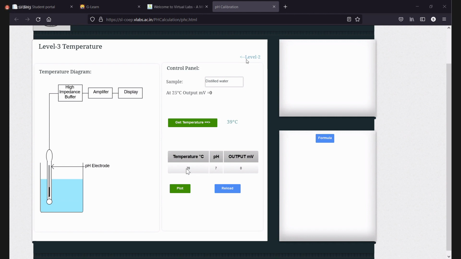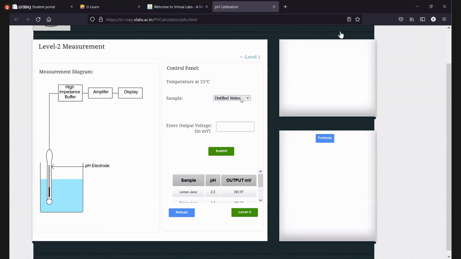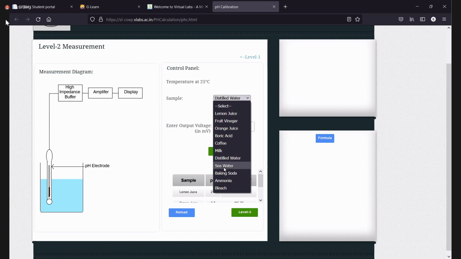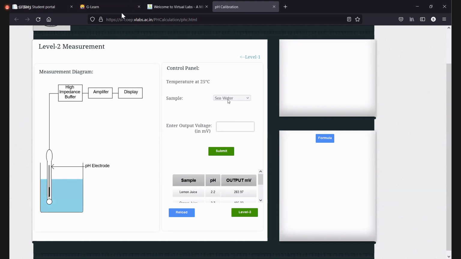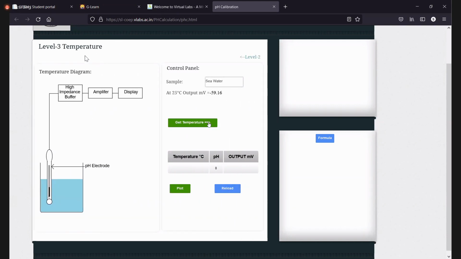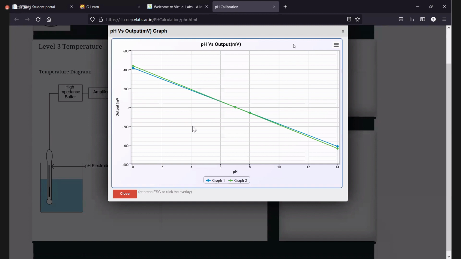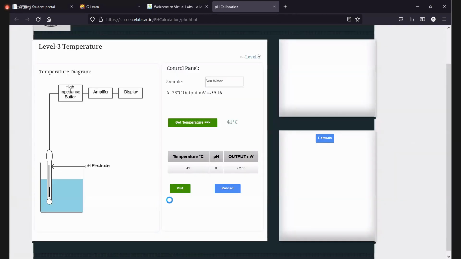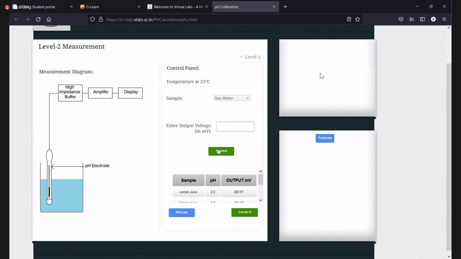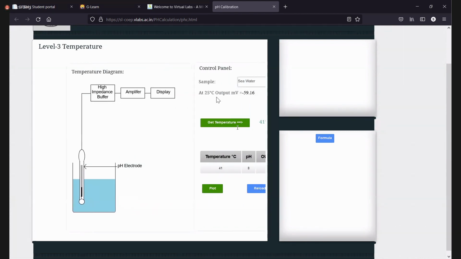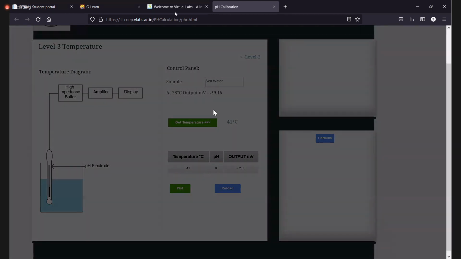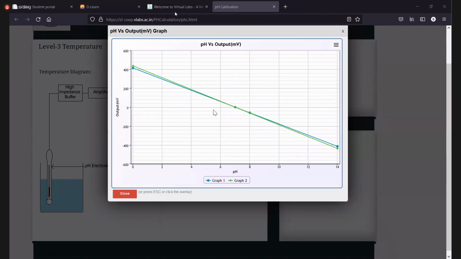Take some acidic nature liquid or alkaline liquid. Okay, stop sharing.